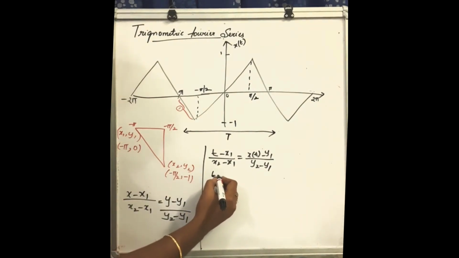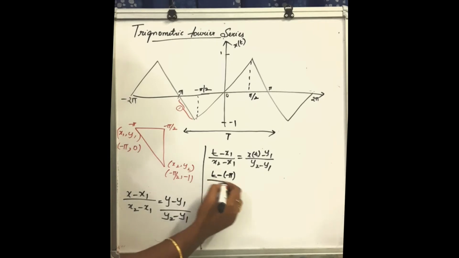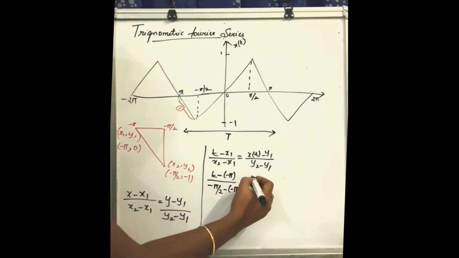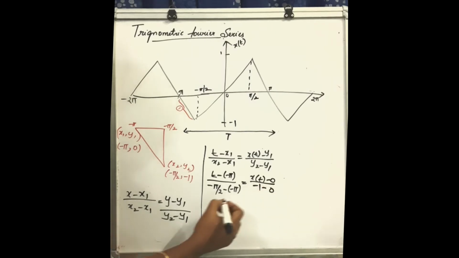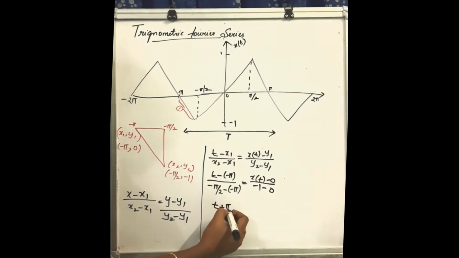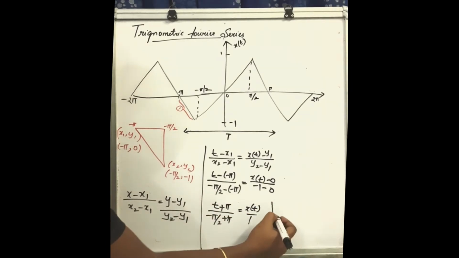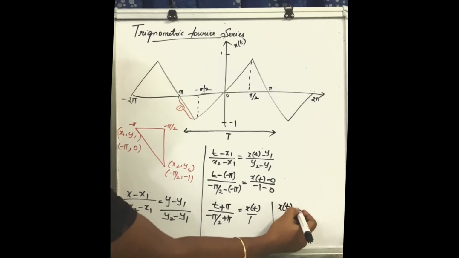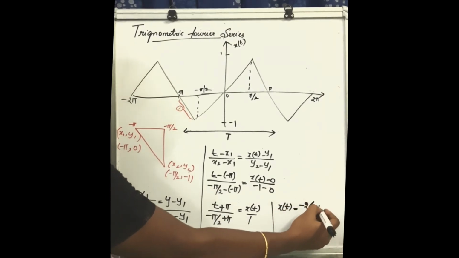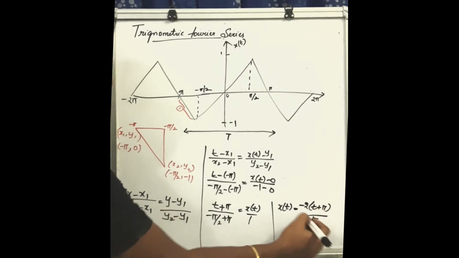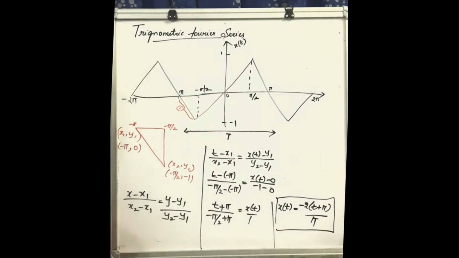You will get t minus of minus pi by minus pi by 2 minus of minus pi equal to x of t minus 0 by minus 1 minus 0. So it will be t plus pi by minus pi by 2 plus pi equal to x of t by 1. When you solve this, you will get x of t is equal to minus 2 t plus pi by pi. This is your first amplitude.